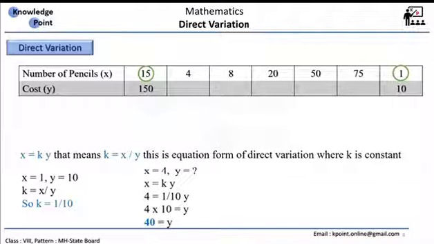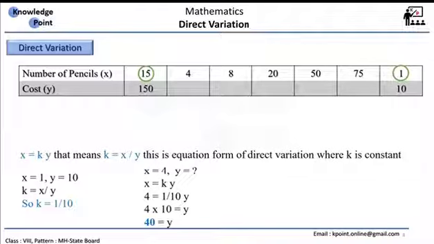We know the equation x = ky. X is equal to 4, k we know is 1/10, which we just calculated, and y we need to find out. If we take k to the other side of the equation, then it becomes 4 into 10 is equal to y.